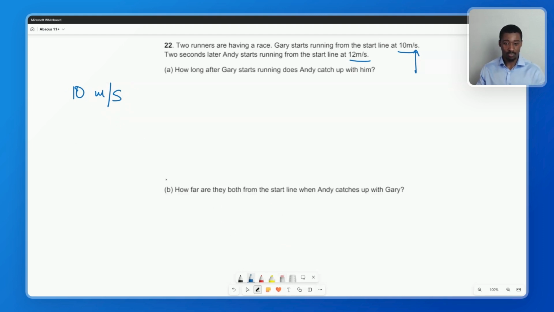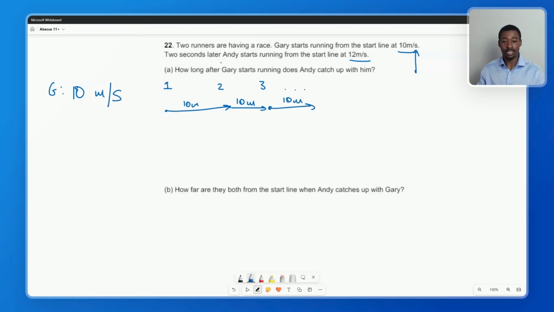So on one side, we have Gary. Let's call Gary G. And he starts at the start line. He's running 10 meters per second. That means every single second, we have second 1, second 2, second 3, and so on and so forth. Every single second, he's traveled 10 meters. Then again, 10 meters. Every single second, he's traveled an extra 10 meters.